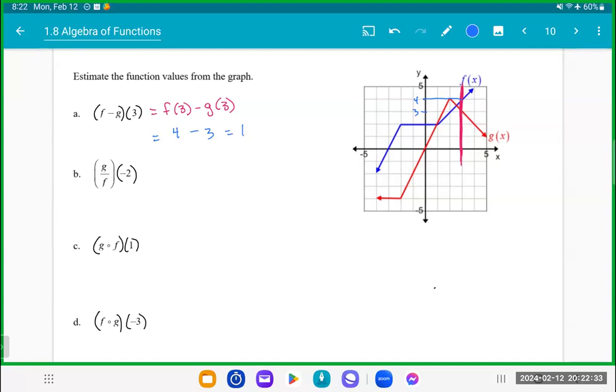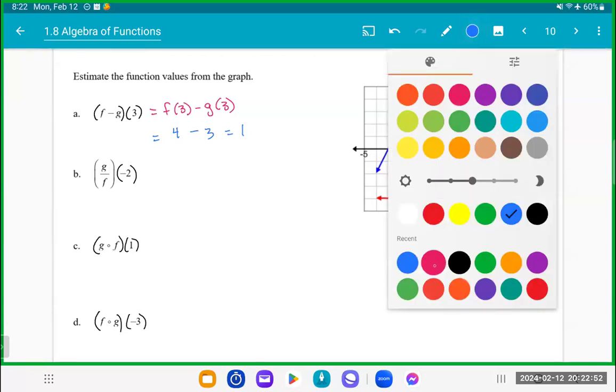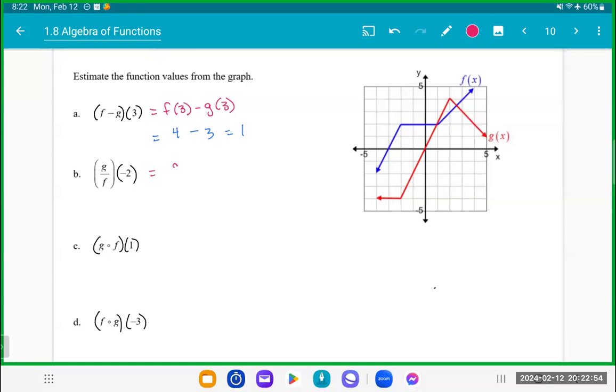So we can get that from a graphical representation. We don't have to just plug it into a formula to see what that is. Okay. Let's look at the next one. That is g of -2 divided by f of -2.